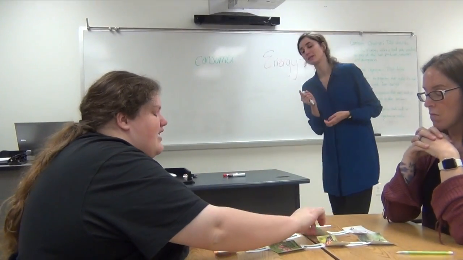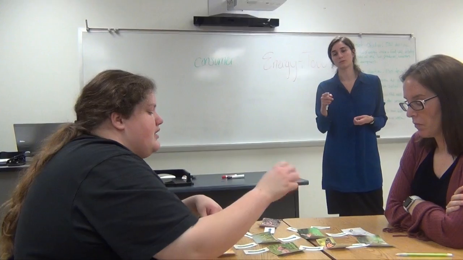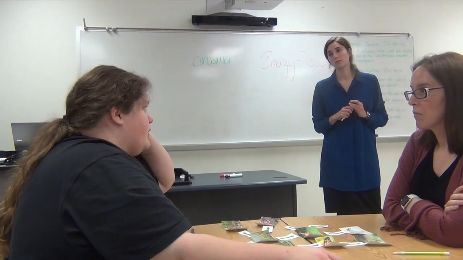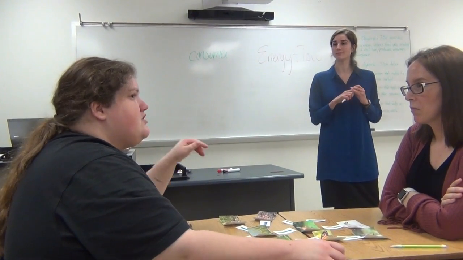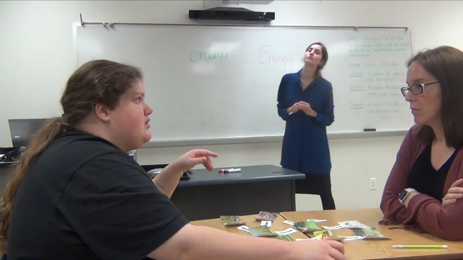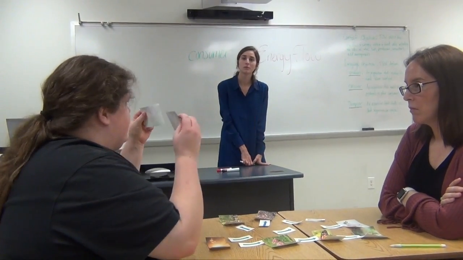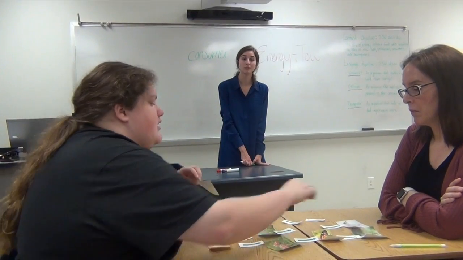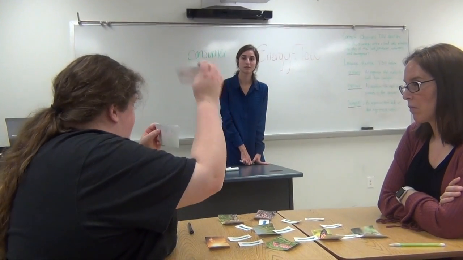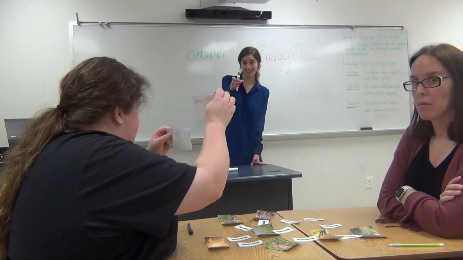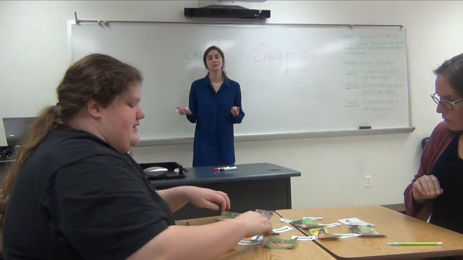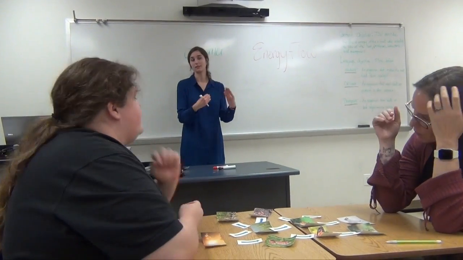Yes, ma'am. My first thought was omnivore, carnivore, herbivore. But in relation to this, I think there's a little more interesting aspect here: this guy is directly eating a producer. This guy is eating another consumer. Excellent. Yes, that's exactly the relationship.